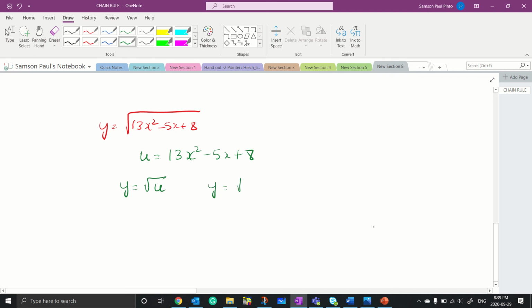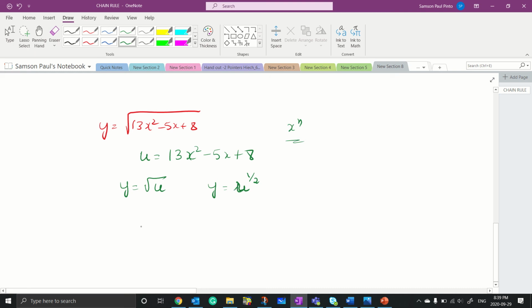You actually don't know a formula for root u. There is no general formula for root u. So what you can do is express it as u to the power half. Now this resembles x to the power of n. All right, so this way you can solve the problem.